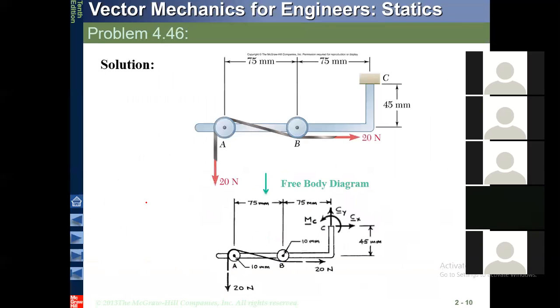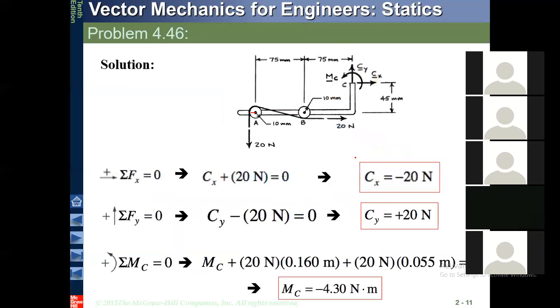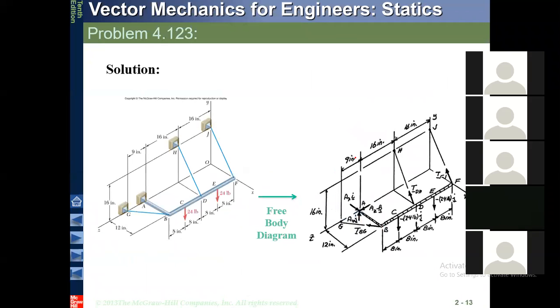But if you have a support like this, then you cannot rotate ABC around point C. So it is fixed at C. You cannot see any pinned support or ball and joint here, so you cannot actually rotate it. So you're going to have a constraint at that point for the moment. Is that clear?